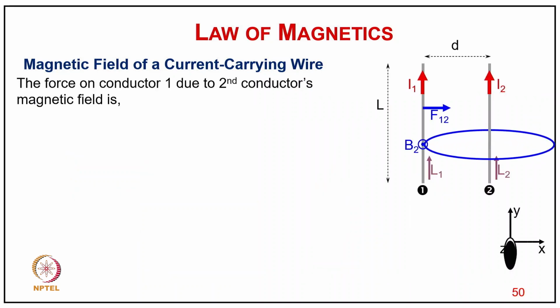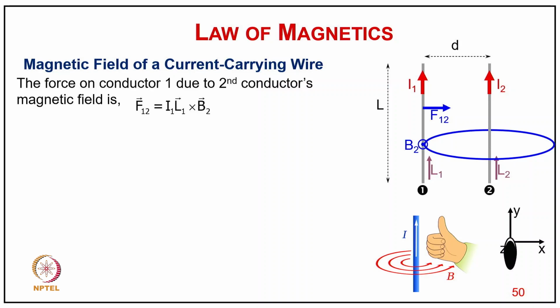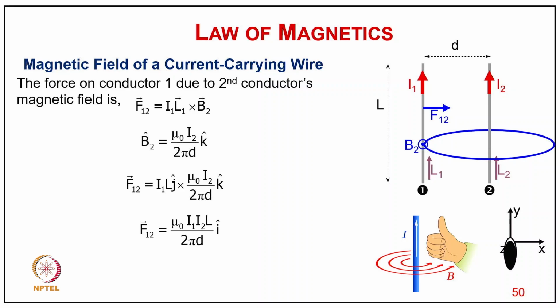The force on conductor 1 due to the magnetic field of the second conductor follows the basic right hand law: F12 will be I1 L1 cross B2, and B2 equal to mu 0 I2 upon 2 pi d into k, and then F12 equals I1 L into j cross mu 0 I2 upon 2 pi d k, and if you put in all values, F12 equals mu 0 I1 I2 L upon 2 pi d into the unit vector i.